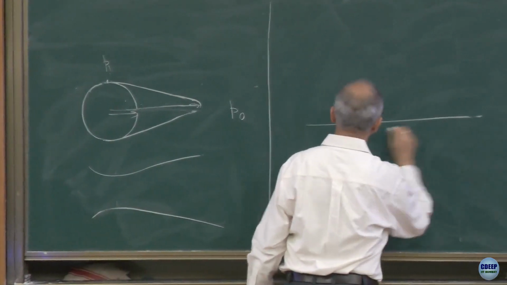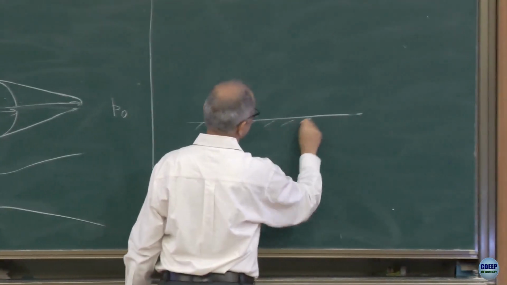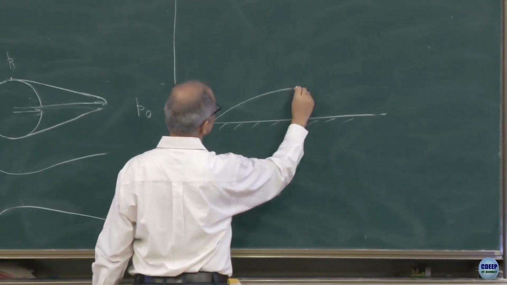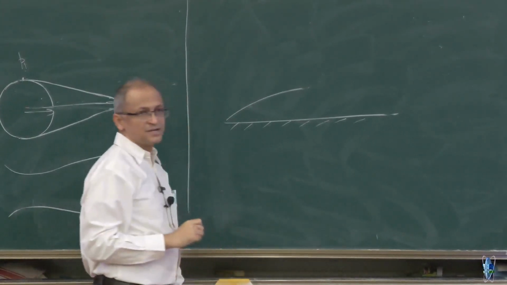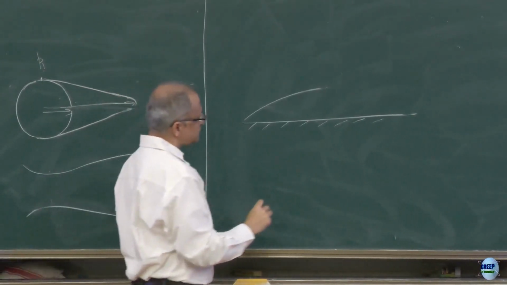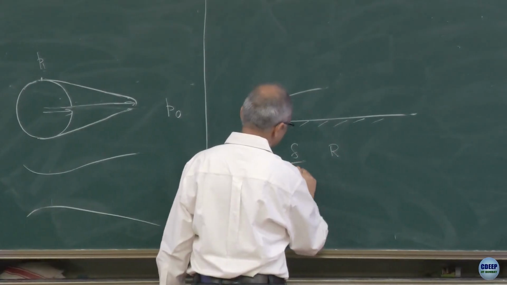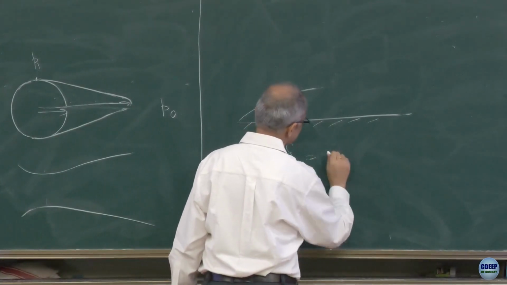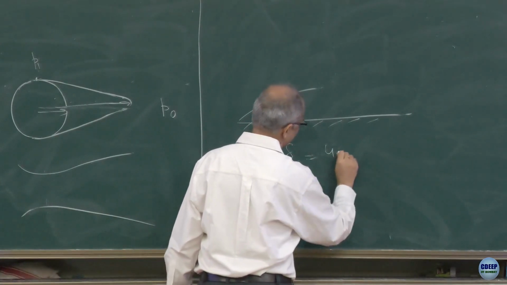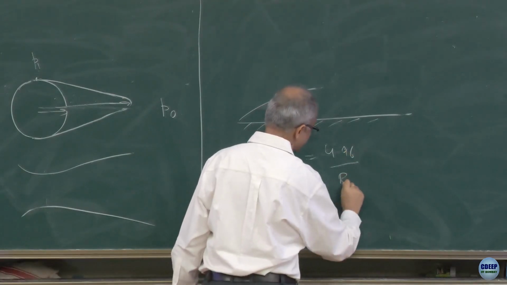So coming back to a flat plate, we have seen that there will be a boundary layer that is forming. We have also seen that delta by x is equal to some 4.96 upon square root of Rex.